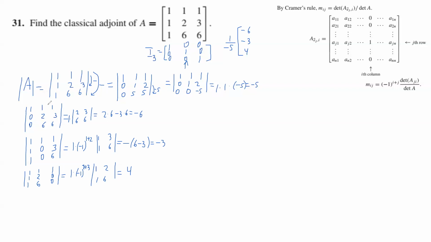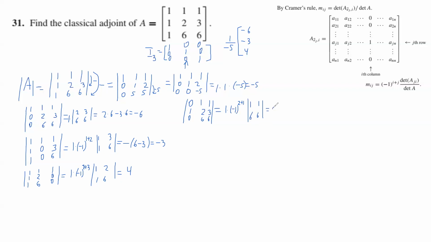So we will replace the column using 0, 1, 0. So I will have 0, 1, 0, 1, 1, 2, 3, 6, 6, and I need to find this determinant. So it will be 1 times minus 1, second row, first column, times 1, 1, 6, 6.